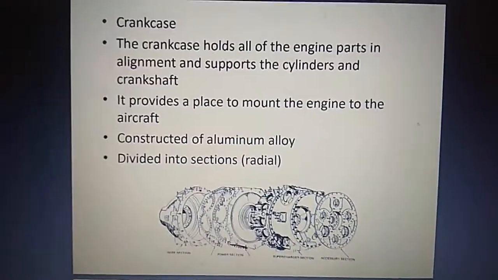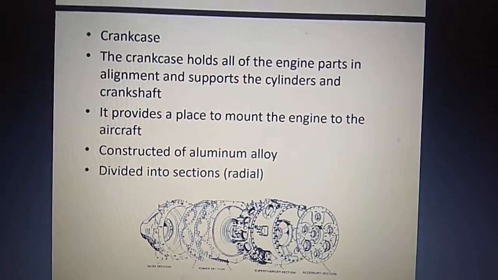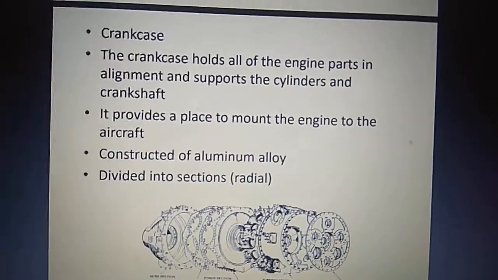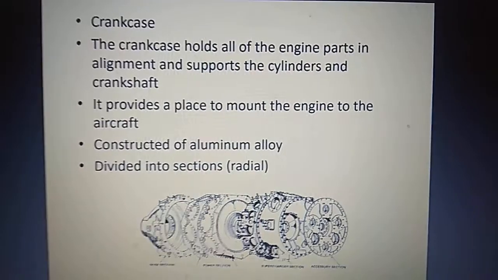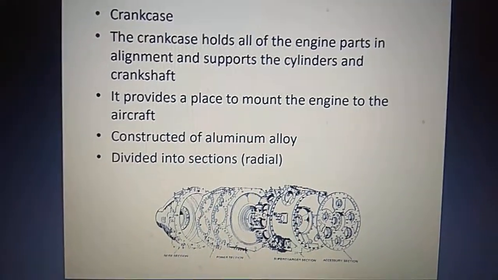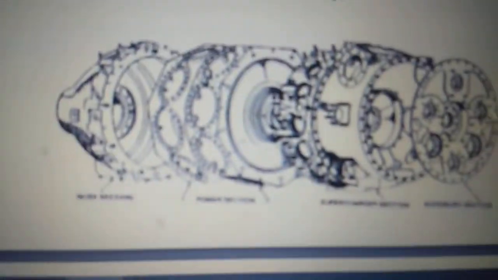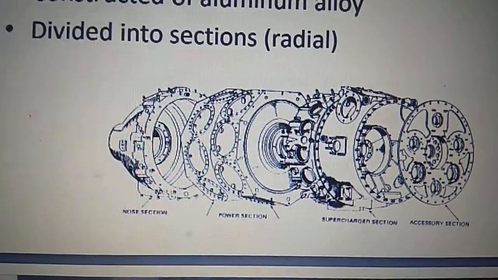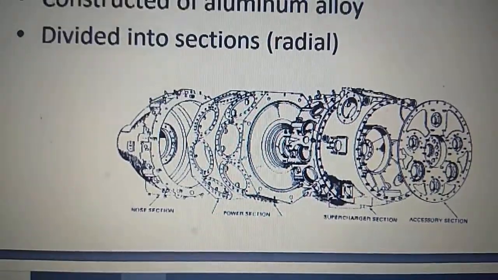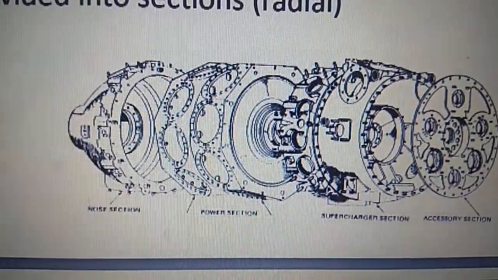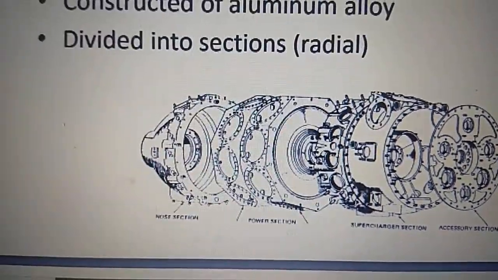The crankcase holds all of the engine parts in alignment and supports the cylinder and crankshaft. It provides a place to mount the engine to the aircraft, and is constructed of aluminum alloy, which can be divided into radial sections. You can see here the typical crankcase, which has the nose section, the power section, the supercharging section, and the accessory section.